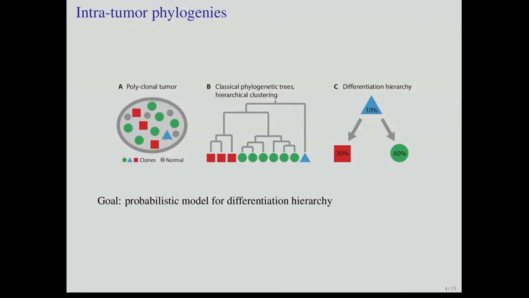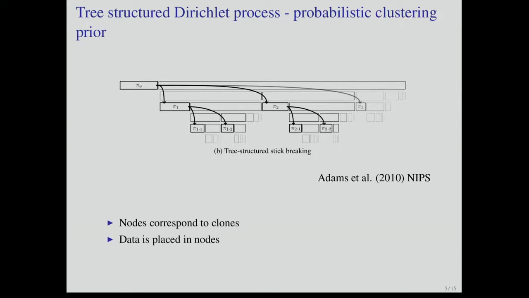So basically we want to know how much mass and how big were the clones that were early in the evolution as well. And we want to have a probabilistic method for that. So we use a tree structure Dirichlet process as a prior for clustering, that gives us, first of all, a tree structure, and second of all, masses attached to the nodes and the leaves that sum to 1.